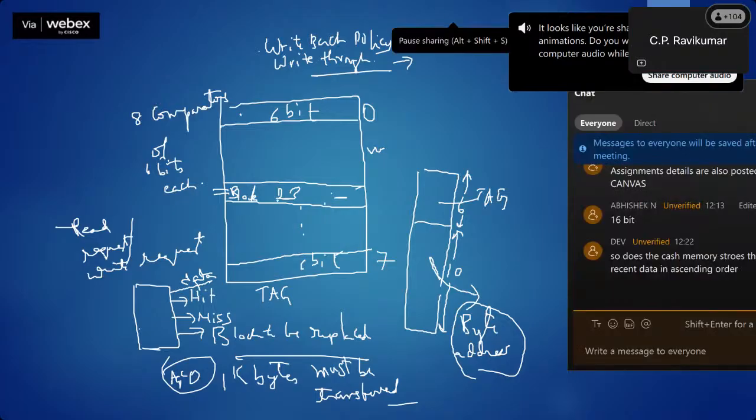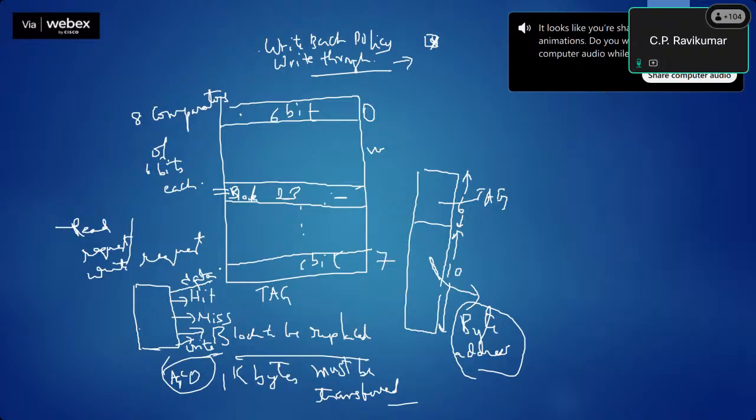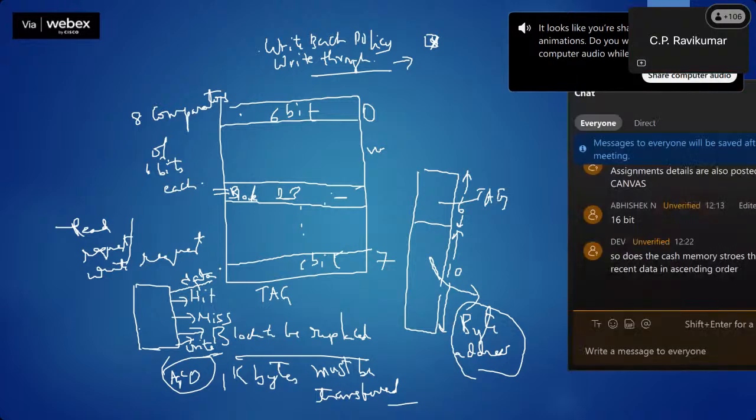So for the block to be replaced, we can also tell whether it has to be written back or not. This is how usually the cache controller is organized. Any questions? Did you guys understand?